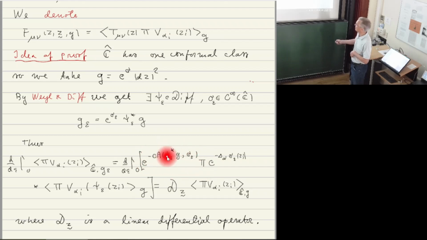So we get something from here, sigma epsilon, and then something from here, which is clearly going to be a differential operator acting on this correlation function. Okay? So if there is anything, then the result is going to be a linear differential operator acting on the correlation function.